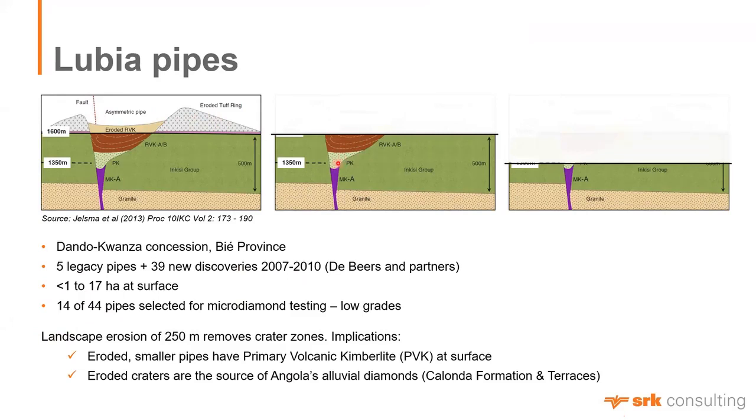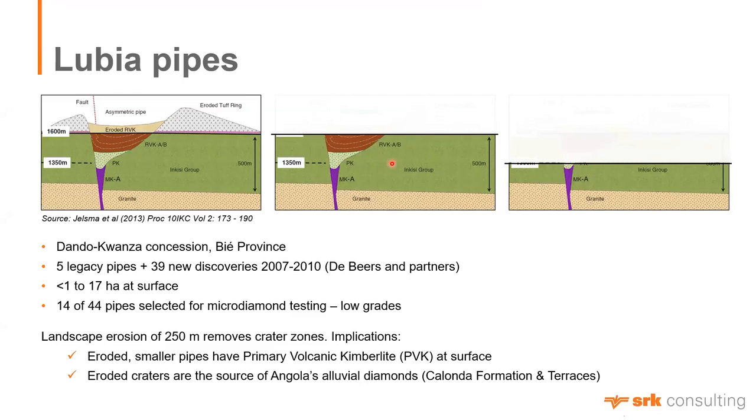Down here is the primary kimberlite. And if you erode, in their case, 250 meters off, then you end up over there. What you've got exposed at surface is the primary kimberlite, and you've removed all this diluted crater facies sandstone.